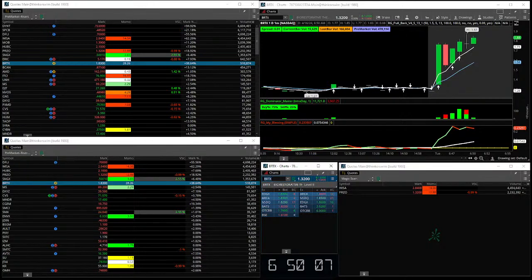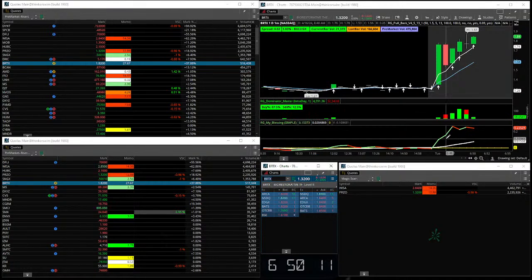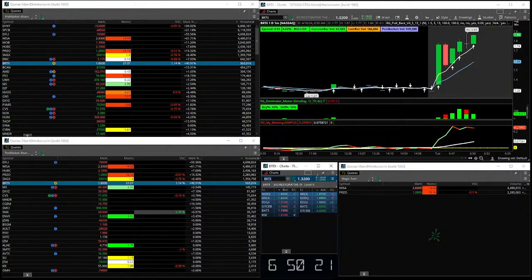Watching for a dominator bar green to push it up higher. This bar right here. Nice jump up for about 10 cents on this candle.